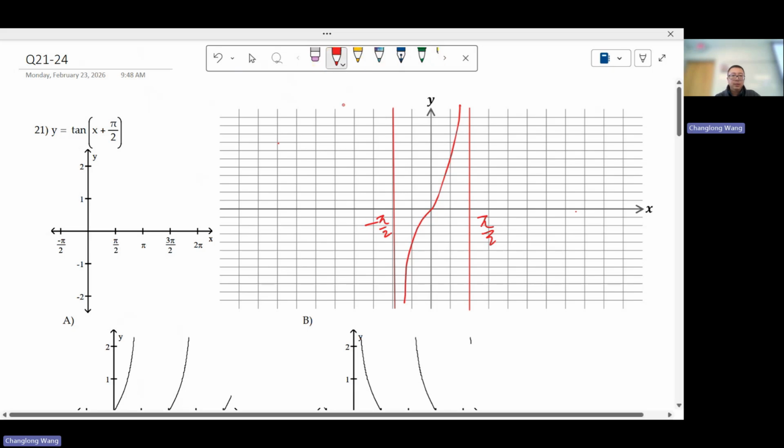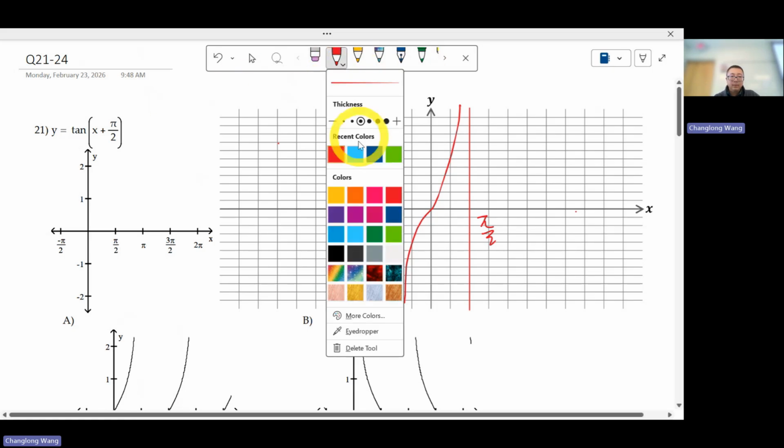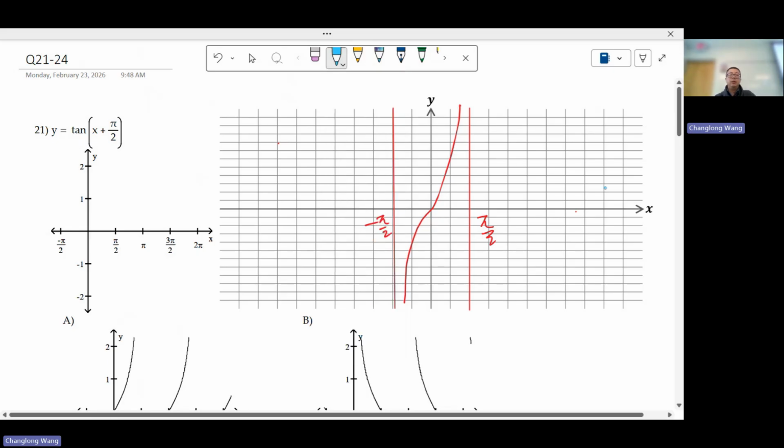But if you're going to shift it to the left, since you're adding the pi over 2, shifting to the left by pi over 2, you are shifting also the VAs. So this VA is going to go to negative pi, since you're moving everything to the left by pi over 2. That VA that started at pi over 2 is going to be pushed back to 0.